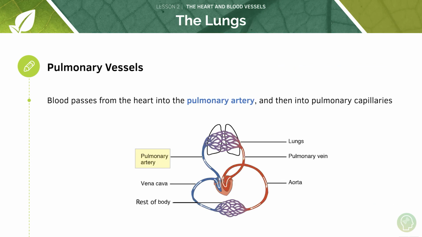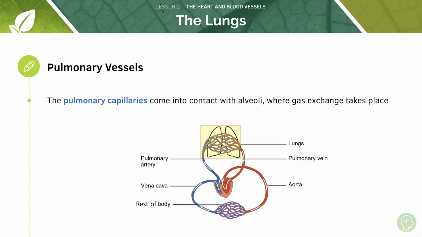Now let's take a look into the vessels in the lung. So blood vessels pass from the heart into the pulmonary artery and then into pulmonary capillaries. Now remember, the lung is really, really important for gas exchange. We need to oxygenate our deoxygenated blood. So the pulmonary capillaries come into contact with alveoli, and this is where gas exchange takes place.